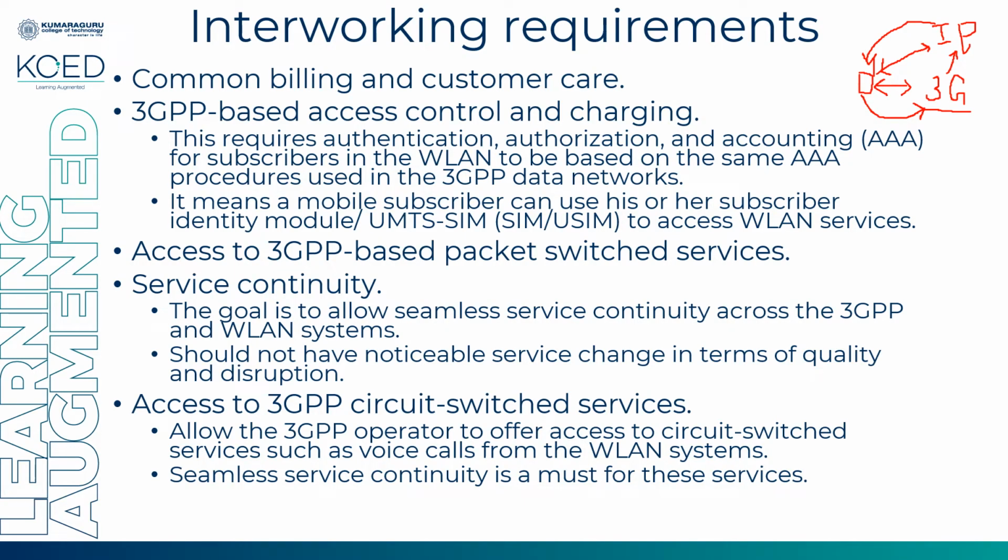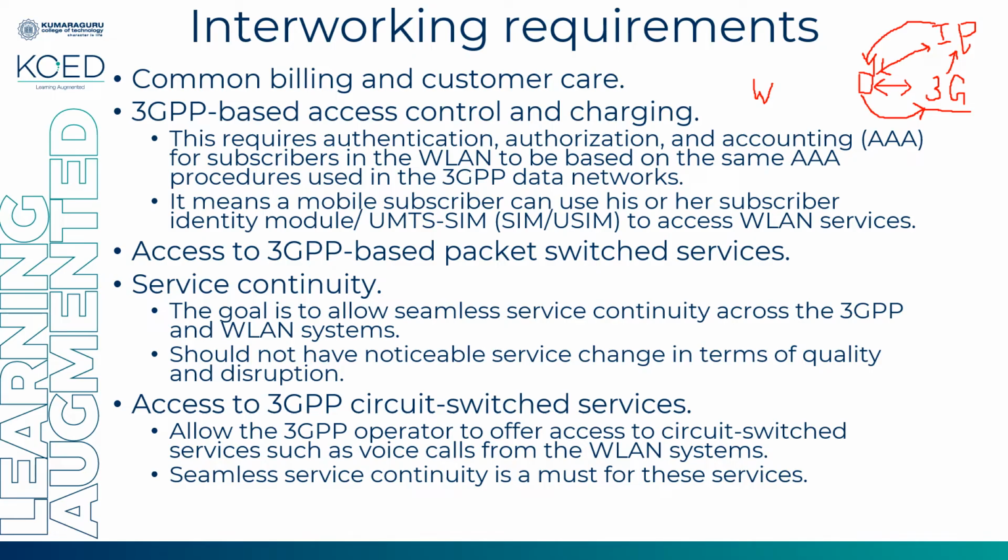So it needs to keep track of the services provided, and there must be service continuity. It is my option at what location I would like to connect to the IP network through my wireless LAN access point. At another point I would like to connect to my IP services with the help of my cellular service. So it is up to me.